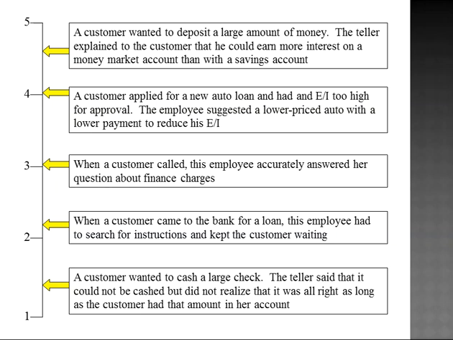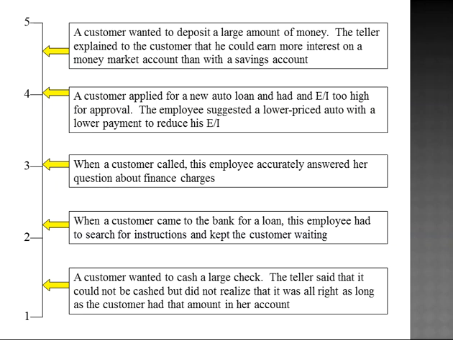The teller explained to the customer that he could earn more interest on a money market account than with a savings account. Well, this represents a behaviorally anchored rating scale. So we see that there are examples of behaviors tied to this graphic scale here from 1 to 5, giving you sort of an example of a behavior that falls in a particular category.